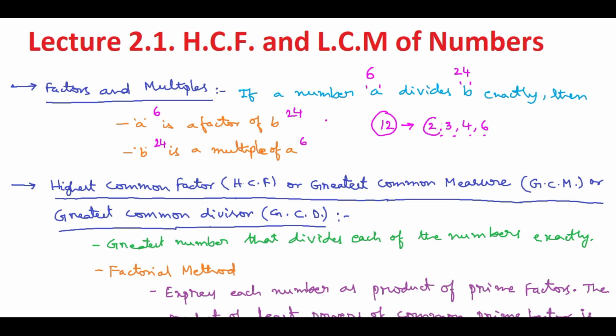Similarly, 2 is called a factor of 12, 4 is called a factor of 12, 6 is called a factor of 12. So this is the explanation for factors and multiples. Once we know these things, it is very easy for us to move forward.